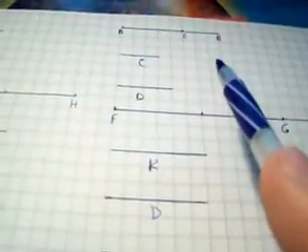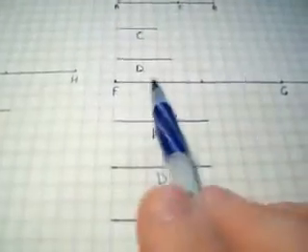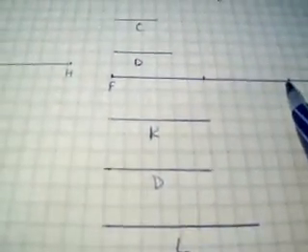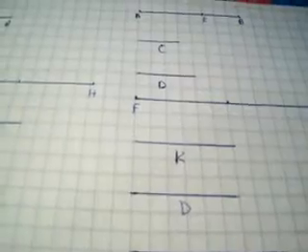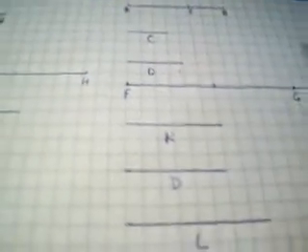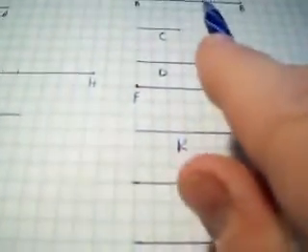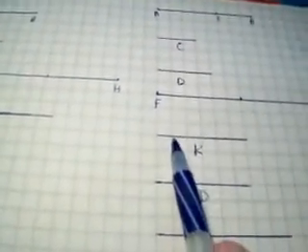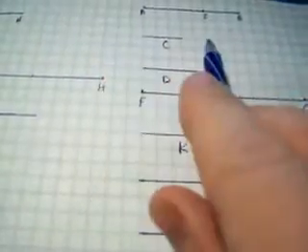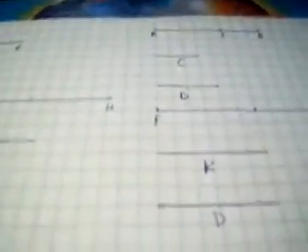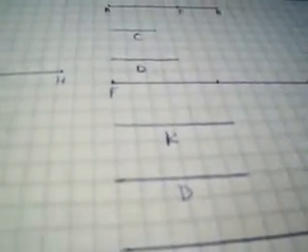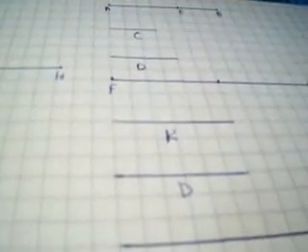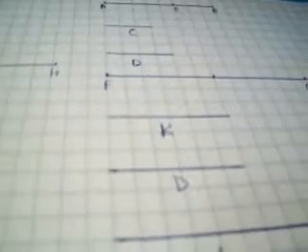And FG, here's FG, is twice as long as AE. And K down here is twice as long as C. We can go on to say that FH is twice as long as AB and K is twice as long as C.